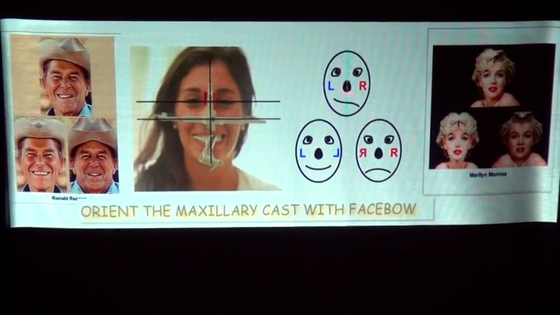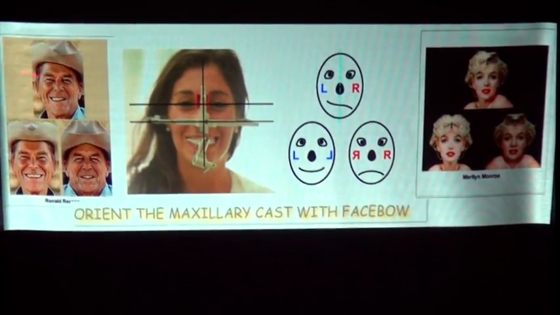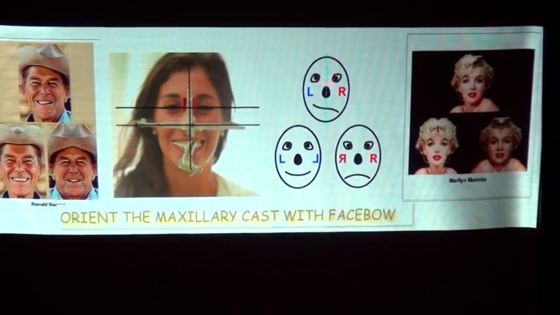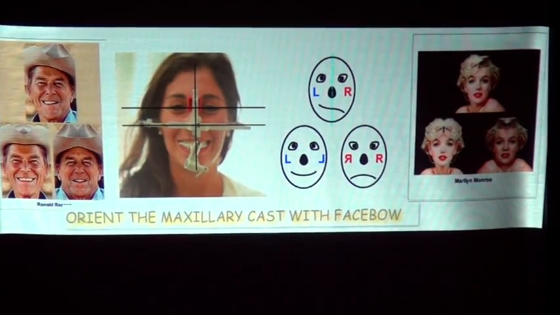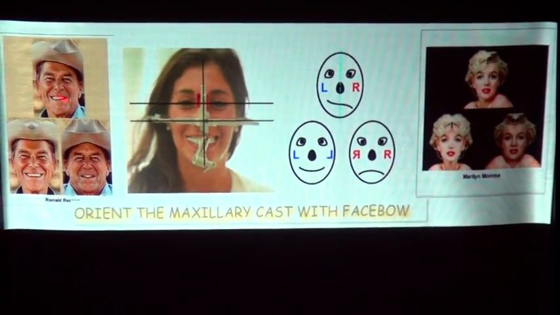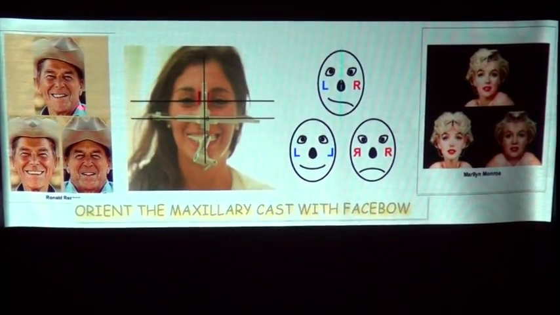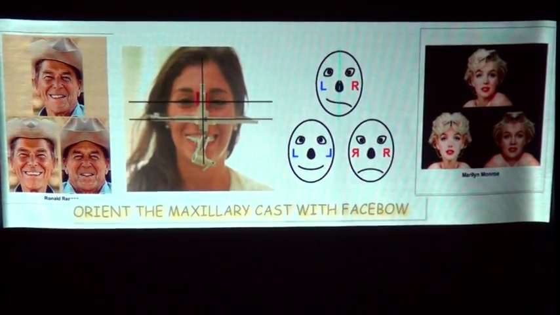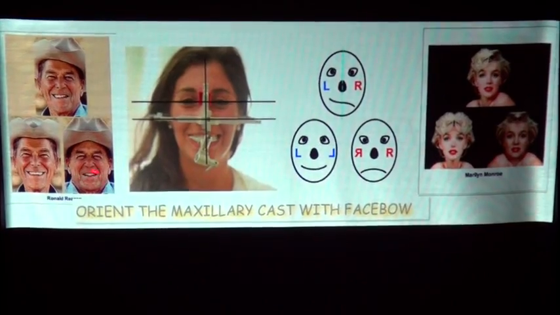You can look at this picture of Ronald Reagan. This is his photograph, the right side and the left side. If you take a mirror image and put the two left sides together, he looks like that. And if you put the two right sides together, he looks like that.